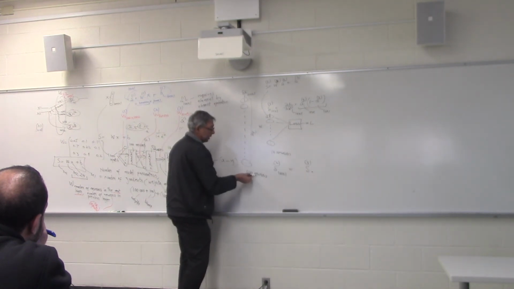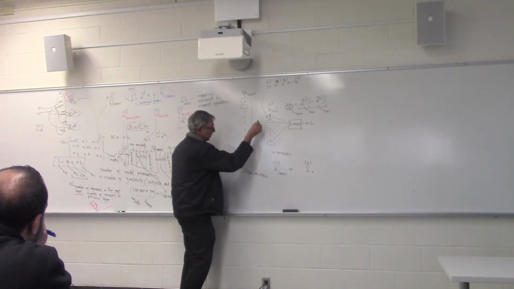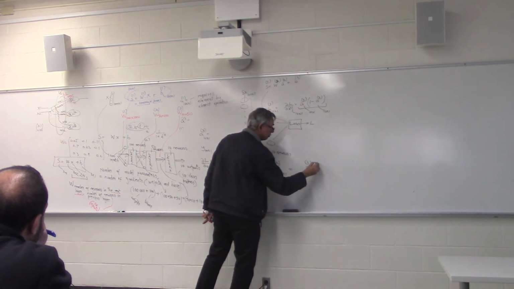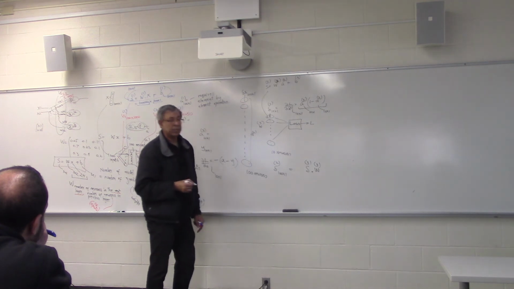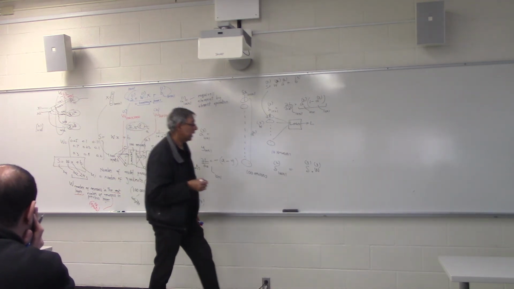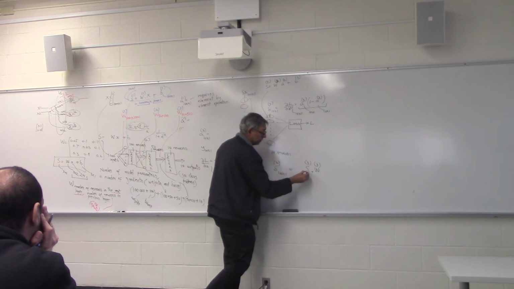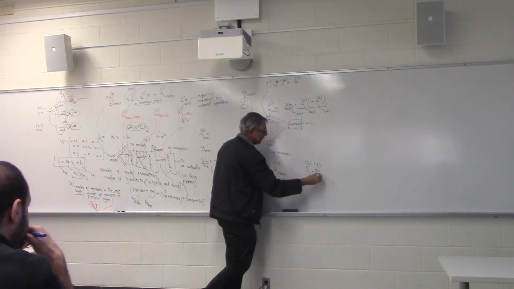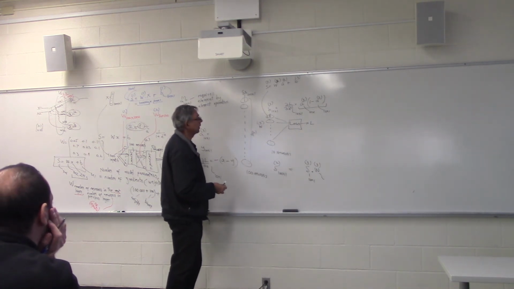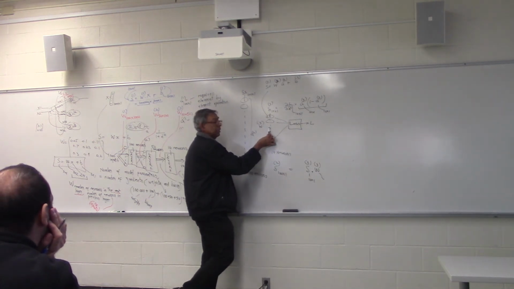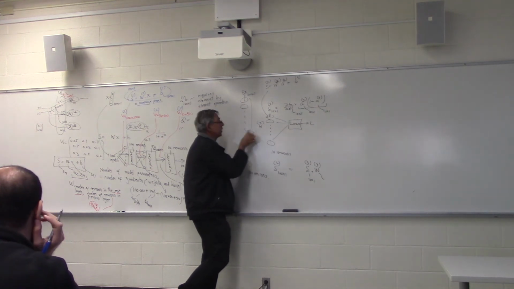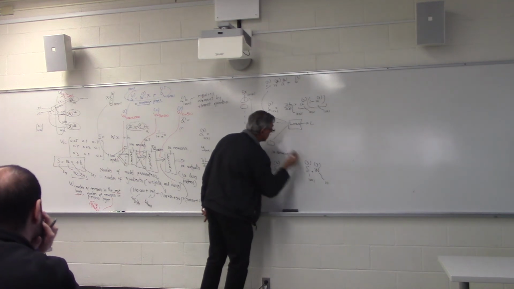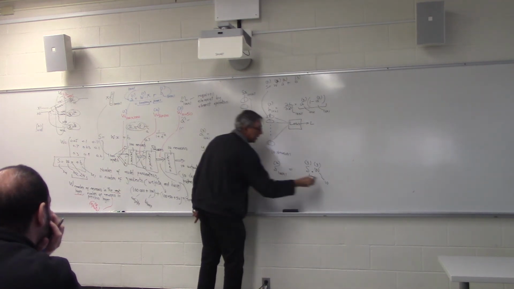If this is 10 neurons, 100 neurons, this is W3. So can we do this, W of 3? Let's try to see if the sizes match. What's the size of delta of 3? 10 by 1. What's the size of W of 3? 10 neurons over here, 100 neurons over here. So what will be the size of this W matrix? We go to the next layer, then the previous layer.